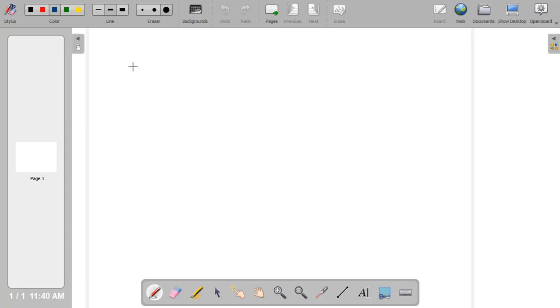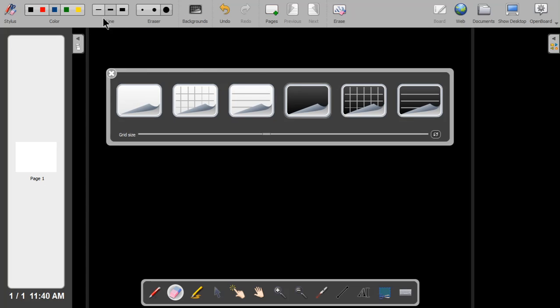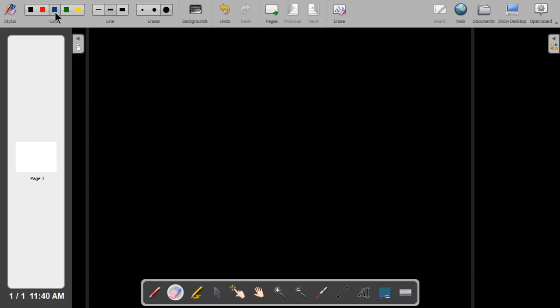Let me get my numbers. I wanted to have it in black. Let me go to a black background. Great. And let me get white. Well, why is white not appearing in here?